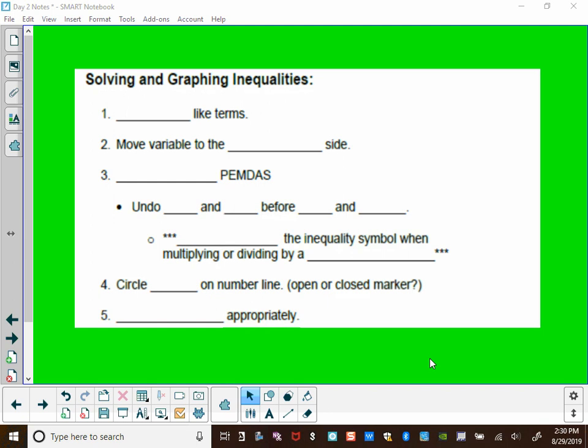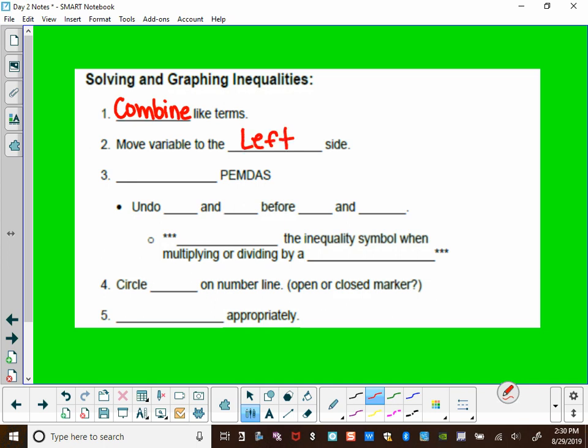Okay, let's finish this up. When we are solving and graphing inequalities, what we want to do first is combine like terms. And then we're going to move the variable to the left side. We're going to undo PEMDAS in order to solve.